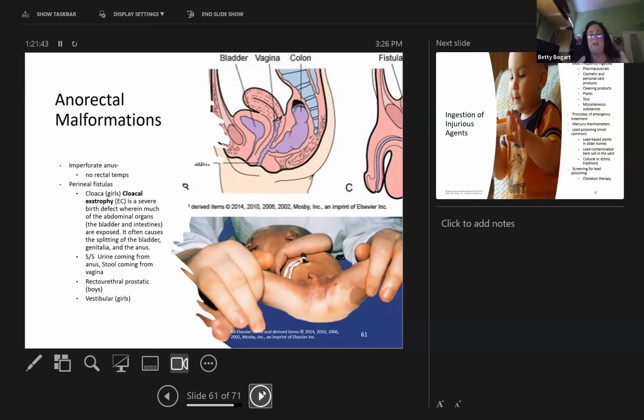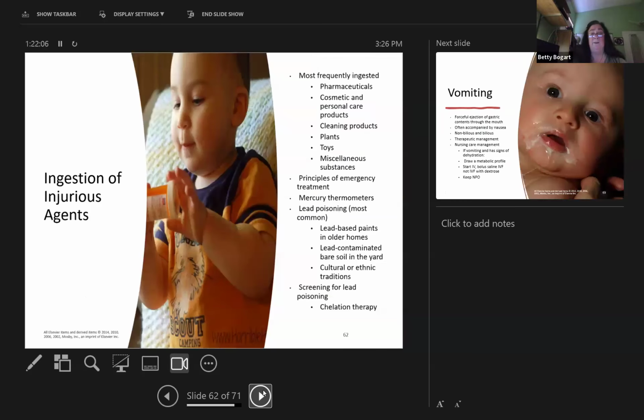I mean, all different things. Usually the nurse is the one who finds it. It's like it's coming from the wrong place. And then, of course, you do the surgery and you try to correct it. With the imperforate anus, remember, you don't have an anus, so you're not going to do rectal temps. And if they've had surgery, you're still not going to do rectal temps; we're just going to do axillary temps on these.